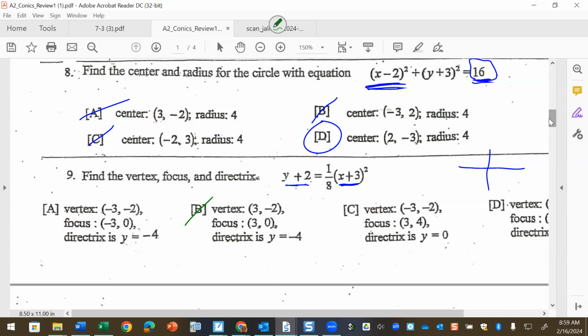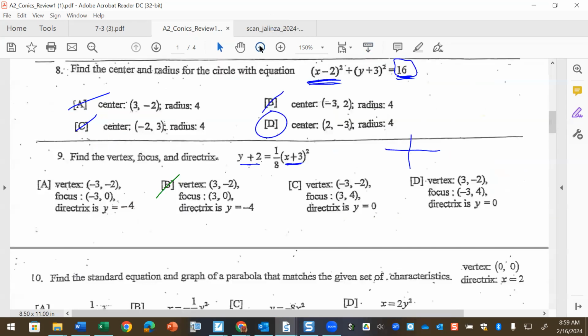Gets rid of that one, and I can't see D. Back out. All right. So we need -3, -2, right? That one's out. So we got 2 to choose from. And let's see. Oh, -3, -2. Gotcha.